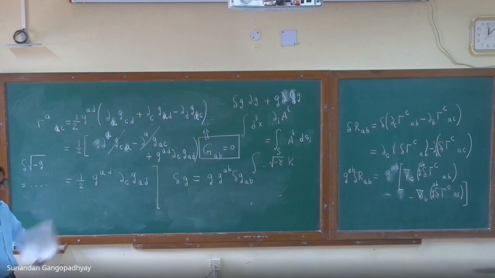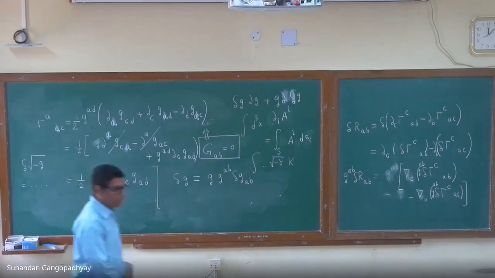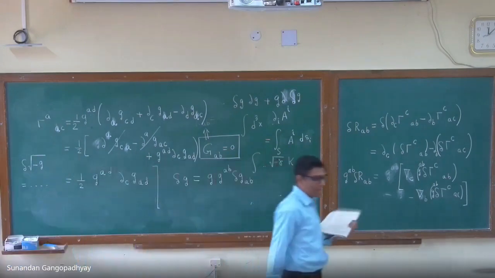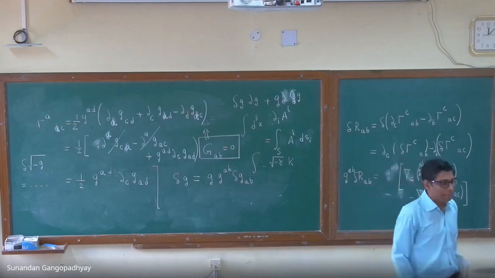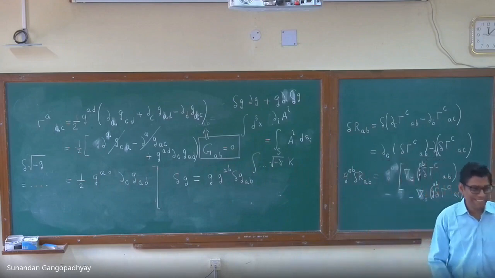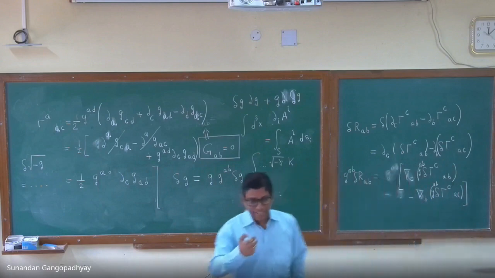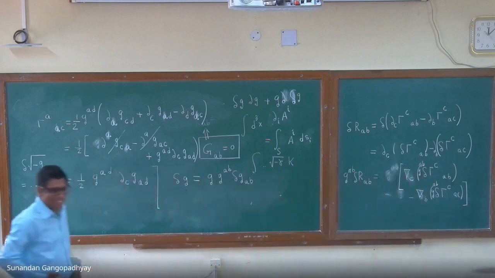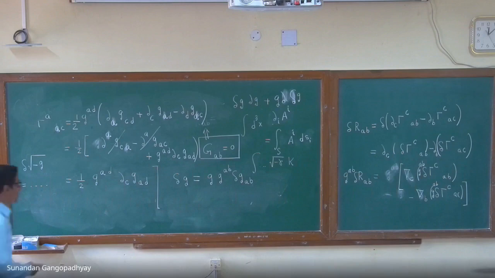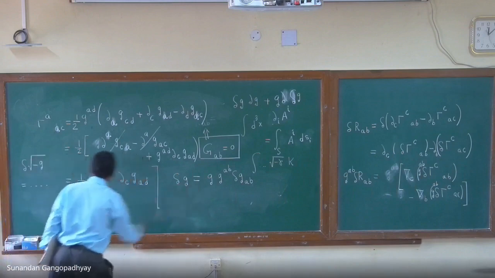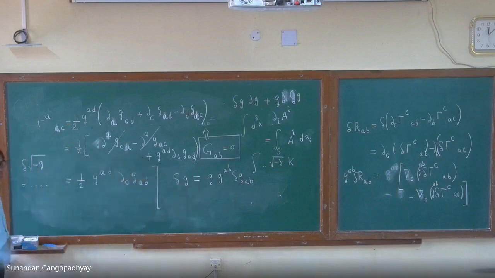Coming closer to the board. Okay. So please try to prove this. So if you are able to prove this, you can immediately prove this. This is one line, because if you know that, you will be able to prove it.